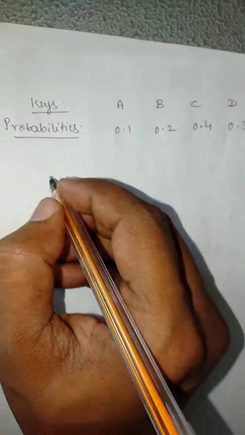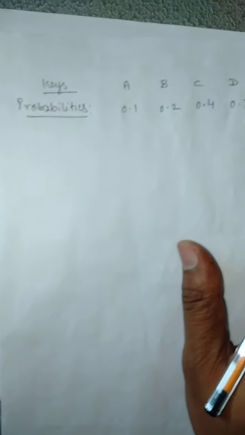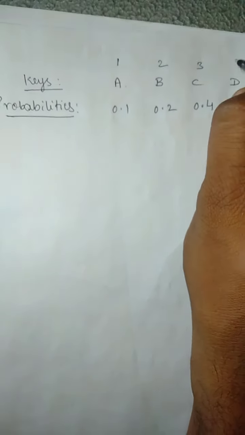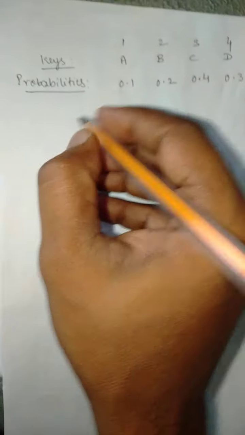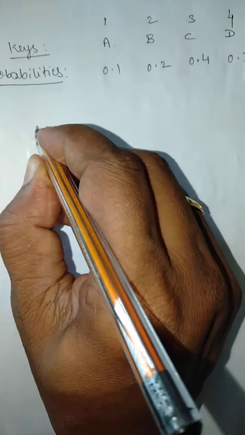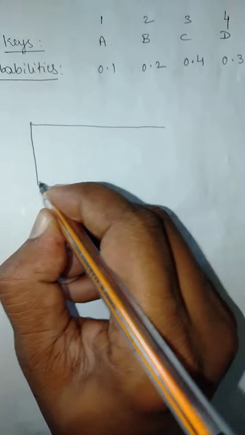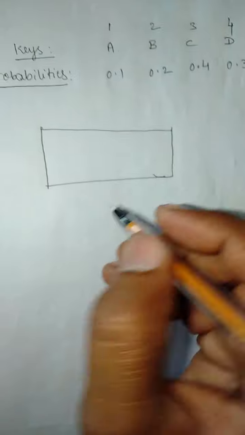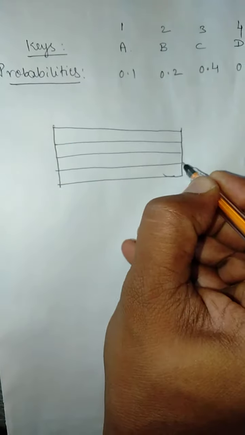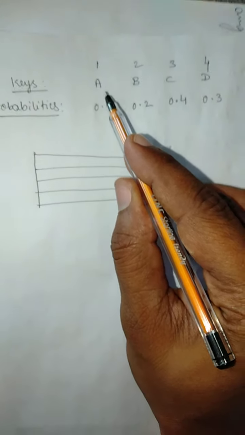I will just reformulate the keys A, B, C, D as key 1, key 2, key 3 and key 4. Given these key values, you have to construct the table. You have to construct two tables here: one is the main table and another one is called the root table. How many keys are there? 4.